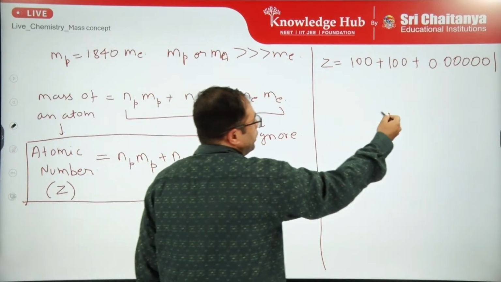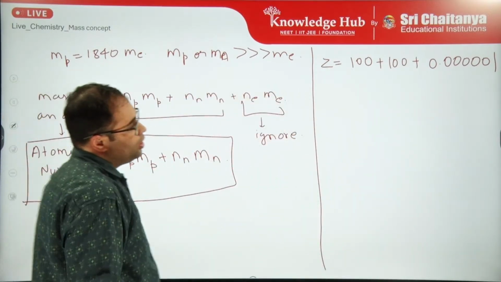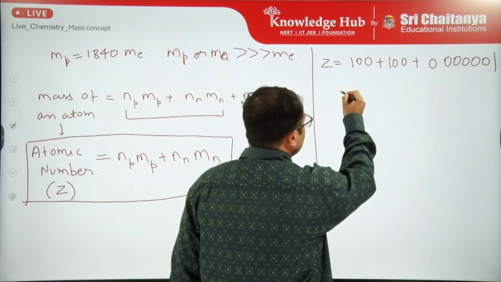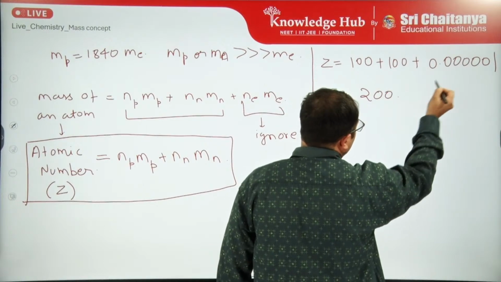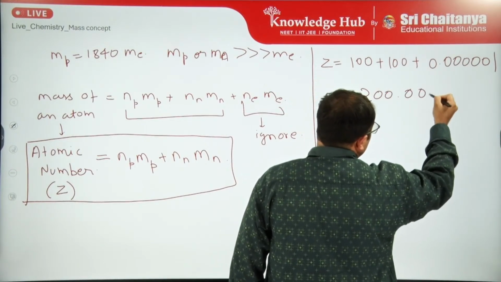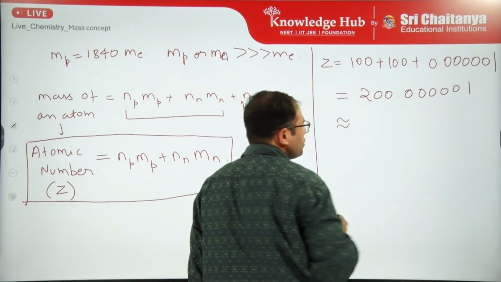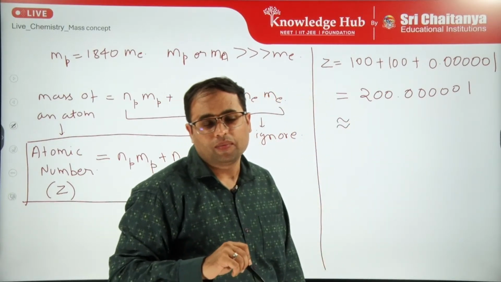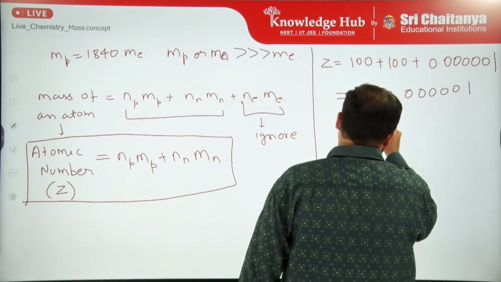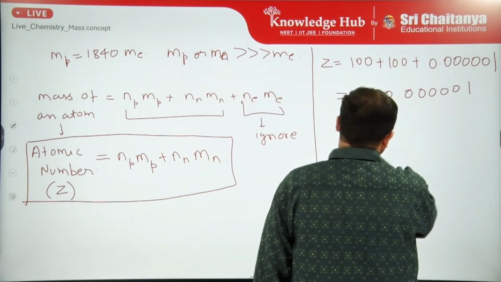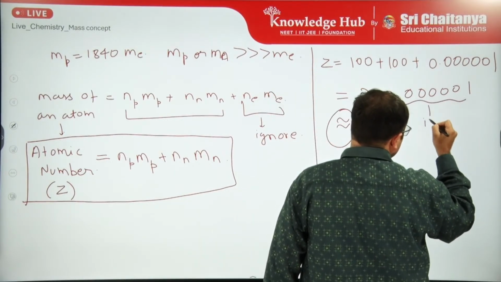The concept of ignoring, what I am talking about, ignorance. So here you can clearly see that if I add them up, the value will be 200.12345. Isn't this approximately equal to 200? It is approximately equal to 200. So what we have done in this approximation, we have ignored this.